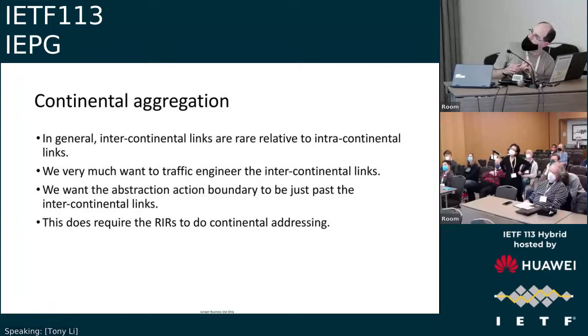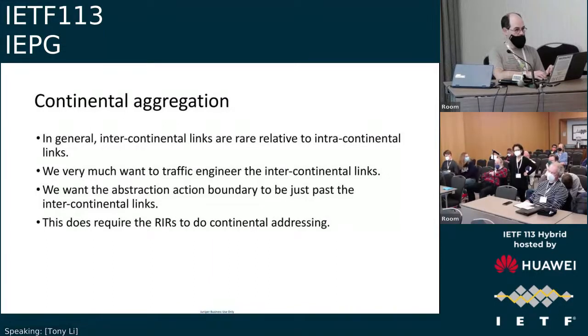You could also do continental aggregation. Intercontinental links are relatively rare, and so we very much want to traffic engineer those intercontinental links. But we could put an abstraction boundary just on the other side of those intercontinental links.